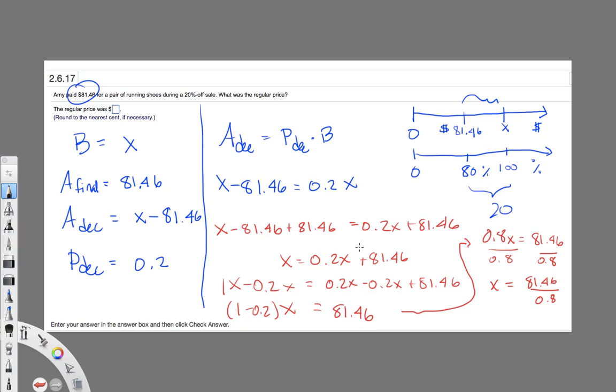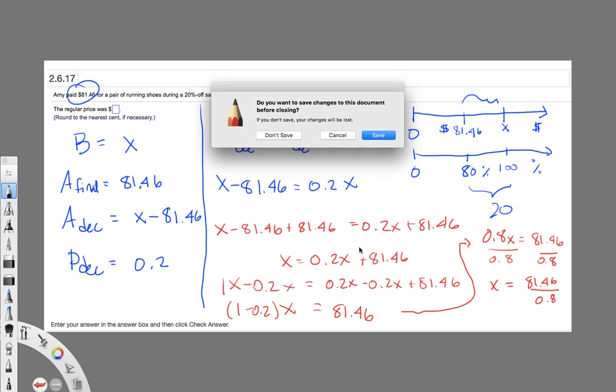I'm going to open a new screen because I'm also going to show you how to do this long division. $81.46 divided by 0.8. Notice that if I'm going to do this, I would have to divide 81.46 by 0.8, so I'd have to think how many groups of 8/10 can I fit into 8, and that makes my head hurt.